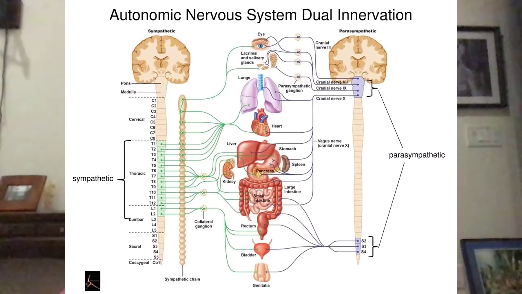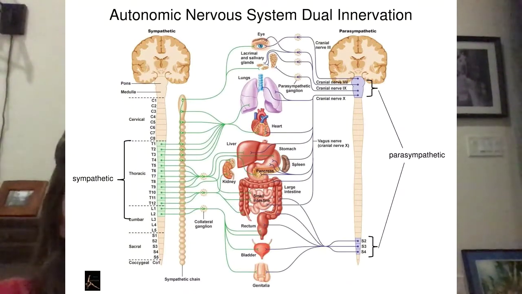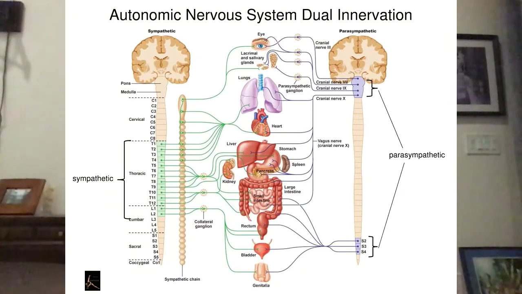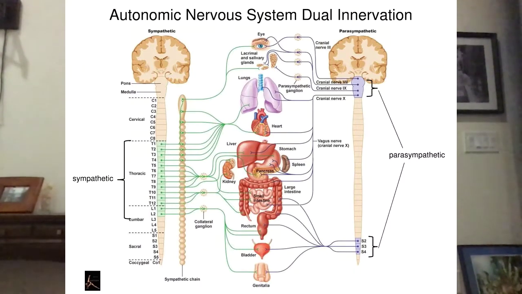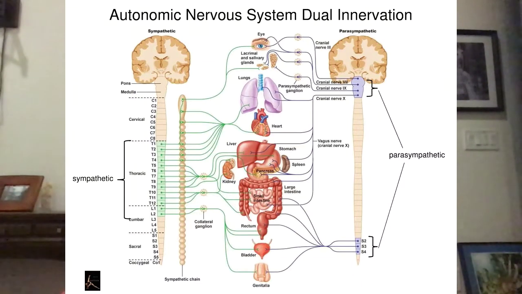So these are two different functional nervous systems with two different anatomical pathways of nerves. So the sympathetic system that you see on the left, this is the nerve system that gets stimulated during an emergency or a stressful situation. It's referred to as fight or flight.